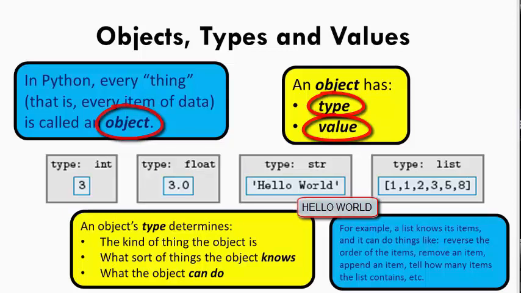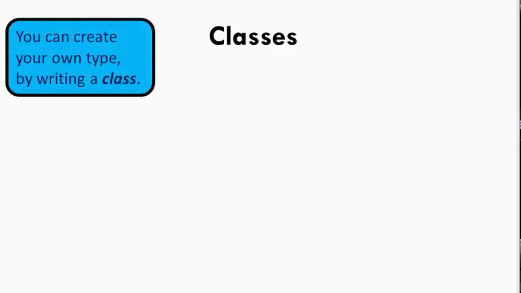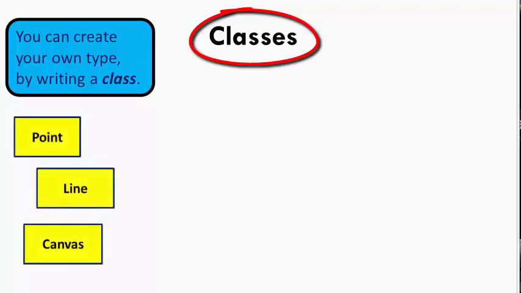The central idea of object-oriented programming is that you can create your own types by writing what are called classes. For example, if you are interested in a sketch program that lets the user draw shapes on the screen, you would probably choose to make a point and a line class, as well as a canvas class for the thing upon which you draw the shapes.